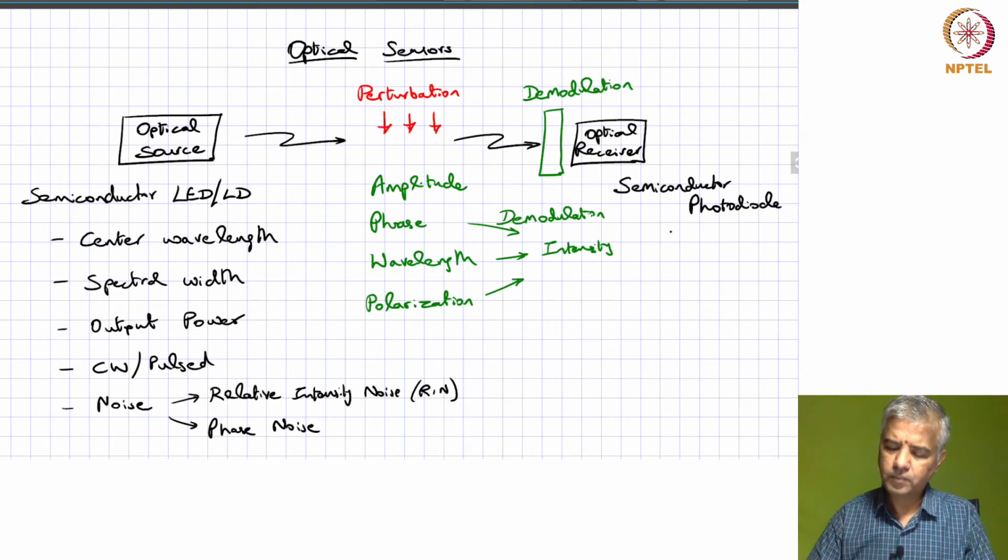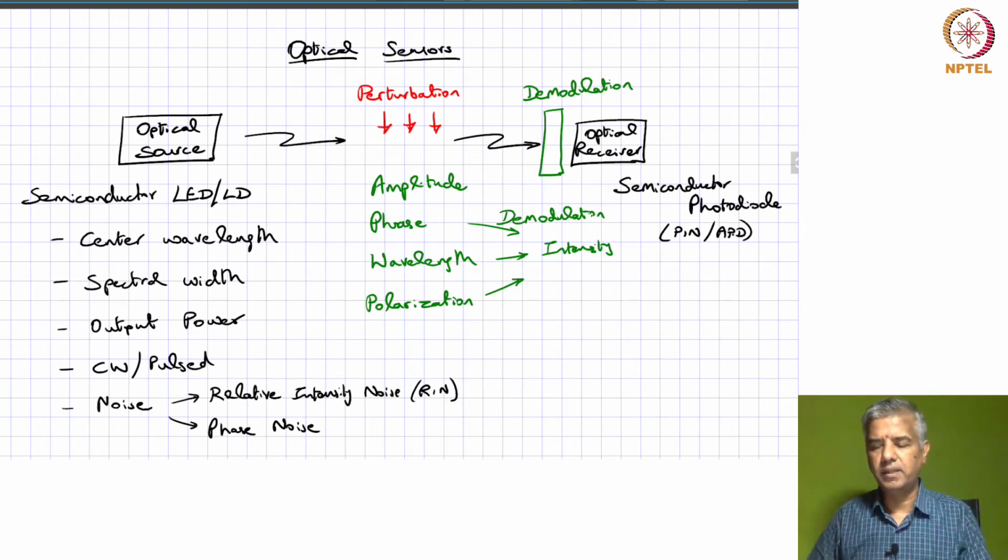When we talk about semiconductor photodiodes, it could be either a PIN photodiode or an avalanche photodiode. These are things that you might have learned in one of the basic optics or photonics courses before.